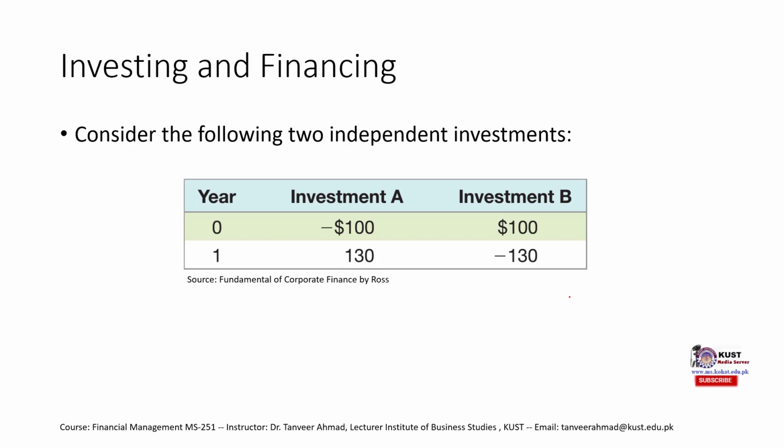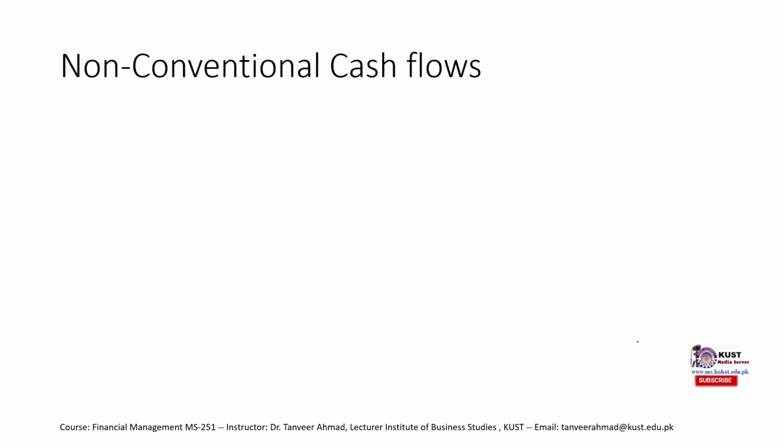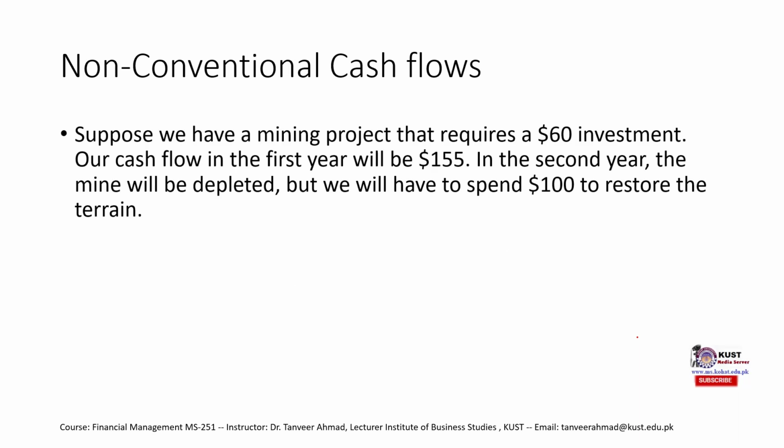Again, this is the discussion on conventional cash flows. Project A and project B, it is similar, we have discussed previously. Okay, so non-conventional cash flows. So suppose we have a mining project that requires $60 investment. So our initial investment would be $60, it would be minus 60.